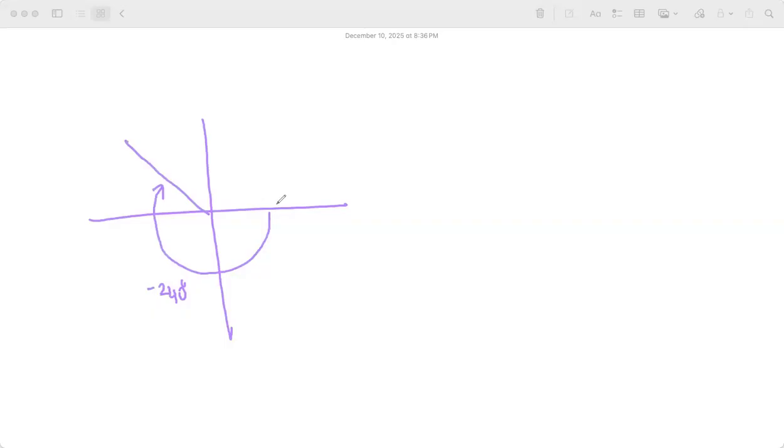What is this in degrees? Just calculate it in degrees. Let me put a question mark. Is that okay? Okay. And then what does the other one say? 240? Yeah, 240.